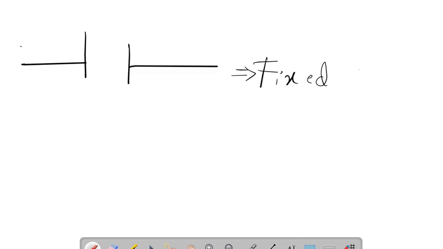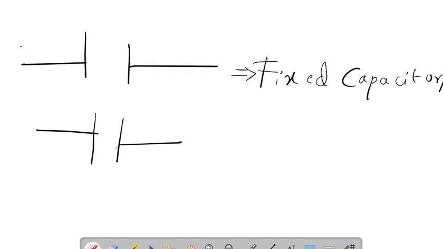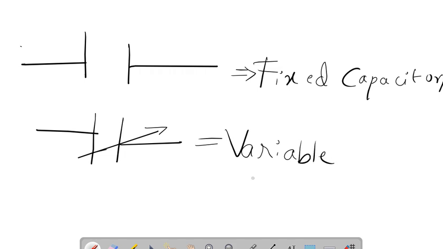The capacitance of the capacitor is denoted like this for fixed capacitors, and this is for variable capacitors.